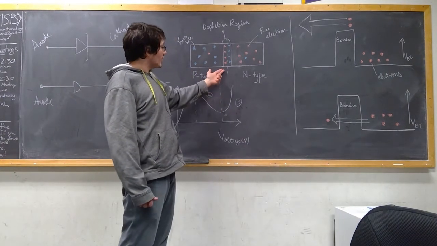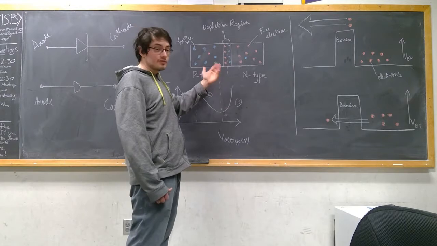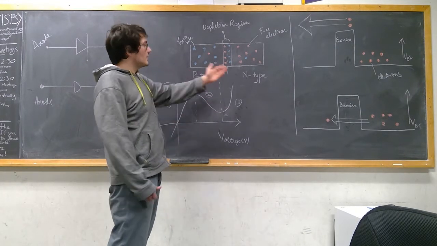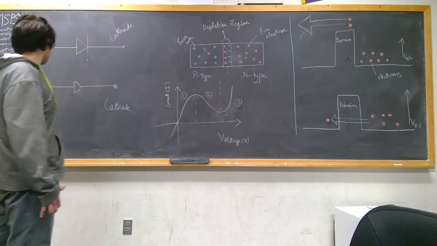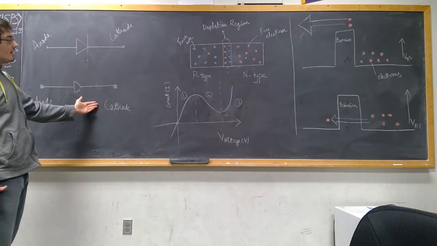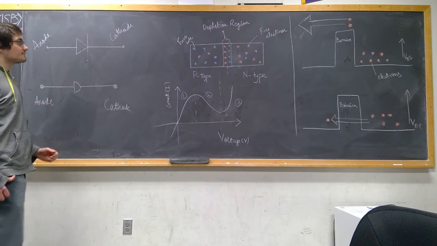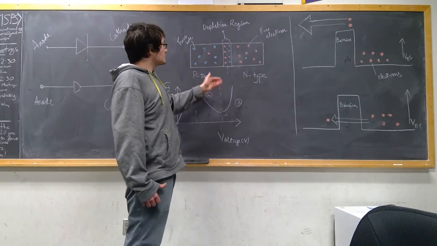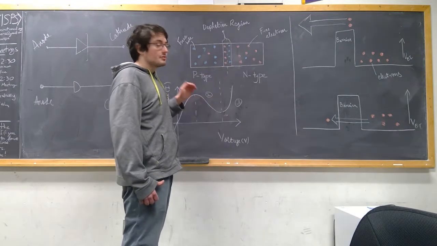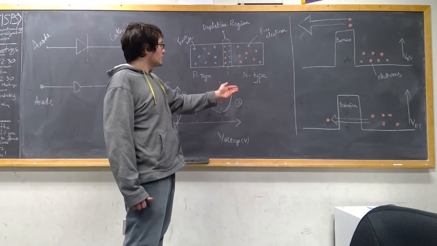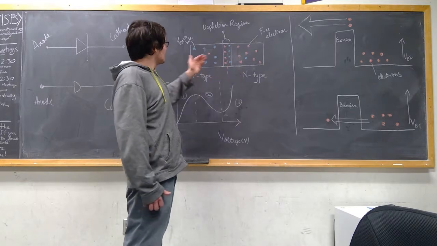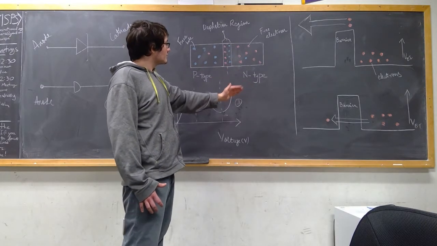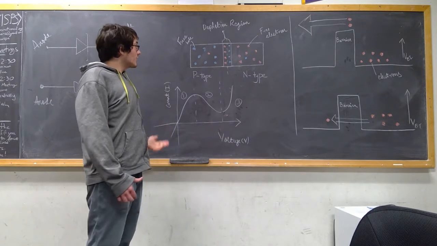In order to overcome this potential and allow current to flow through the diode, a positive voltage must be applied between the p-type and n-type regions, corresponding to the anode as the p-type and the cathode as the n-type region. When a positive voltage is applied here, the barrier potential caused by the depletion region decreases until electrons can flow from the n-type region to the p-type region, ultimately allowing current to flow through the device. Now, that's a regular diode.